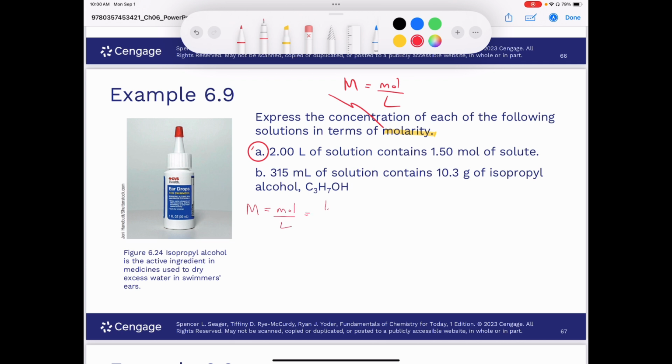We have 1.50 moles and 2.00 liters. Don't need a calculator for this one. 0.750 moles per liter, or we can just say 0.750 big M for molarity, moles per liter.